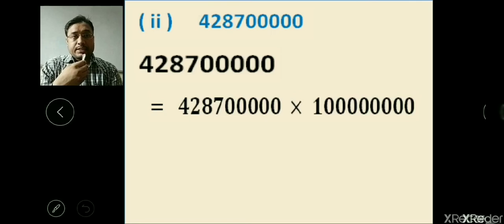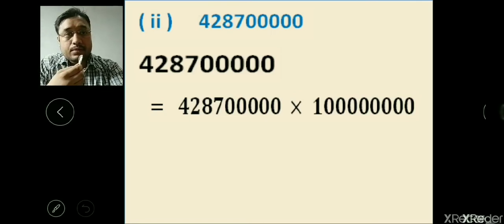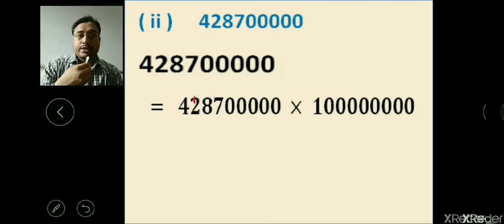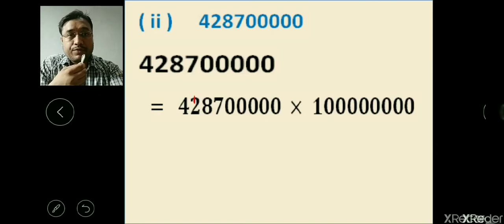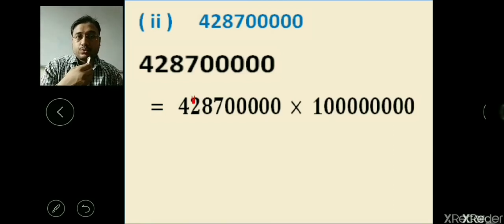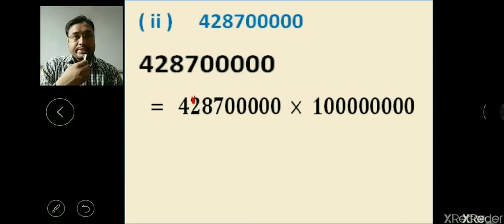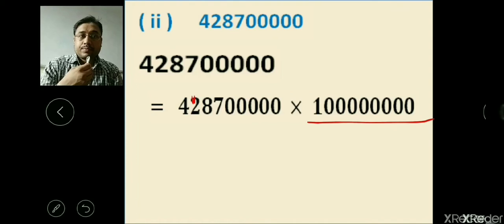You will put the decimal point here between 4 and 2, students. 4.287, after that 5 zeros, multiplied with ones, tens, hundred, thousand, 10,000, lakh, 10 lakh, 10 crore, which contains 8 zeros.